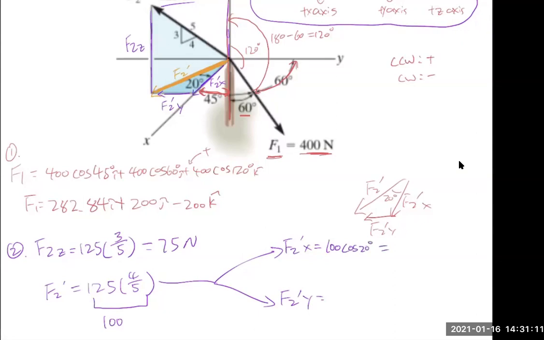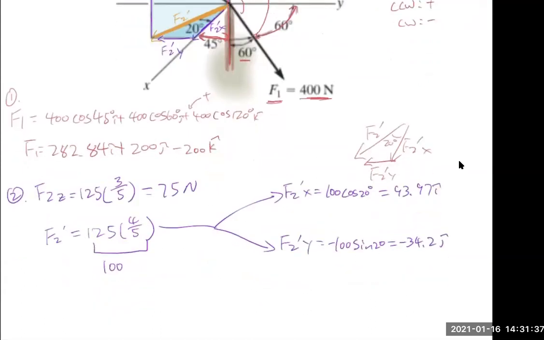If we put this in the calculator, we're going to get 93.97 i hat. And F2 prime y is simply 100, negative 100 because it's in the opposite direction from the positive y-axis, times sine of 20, which equals negative 34.2 j hat.